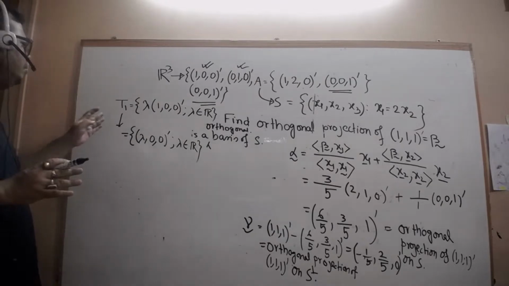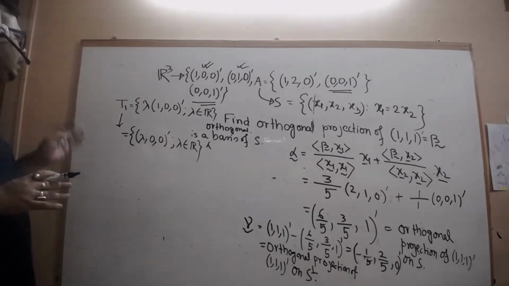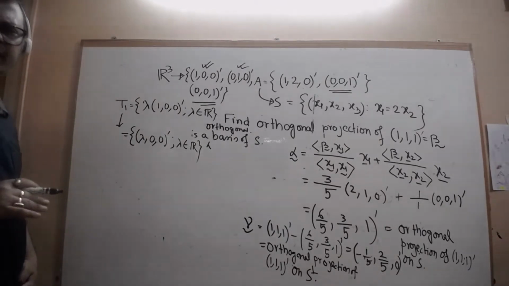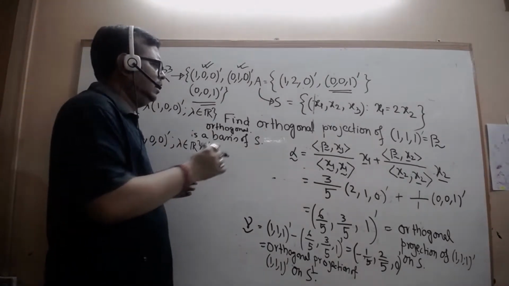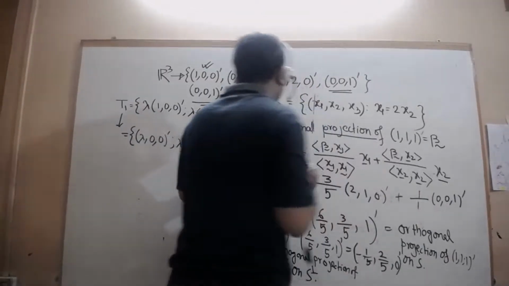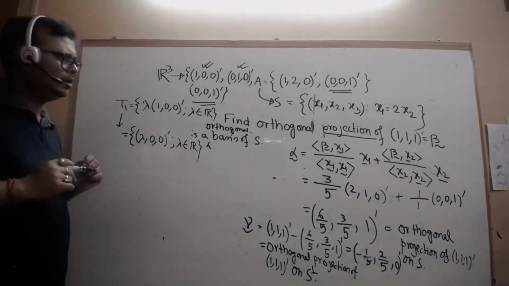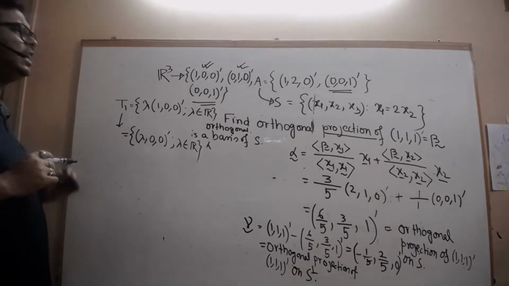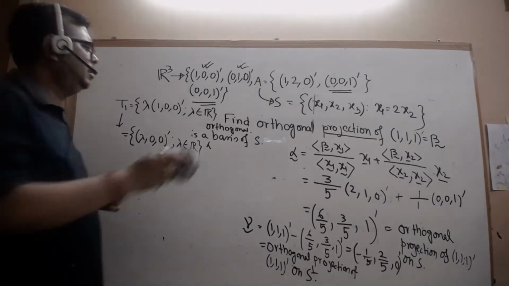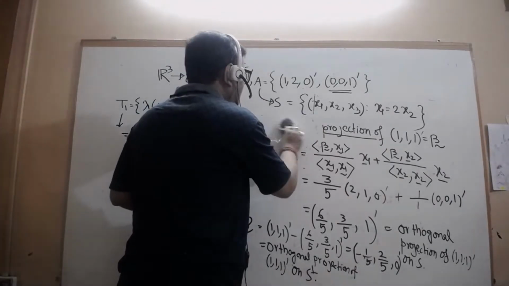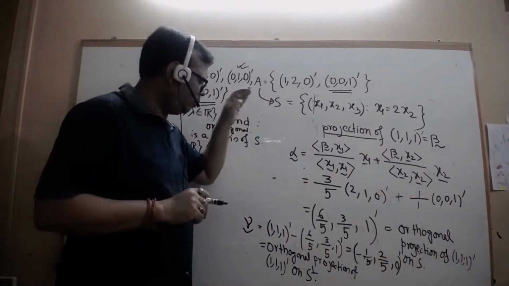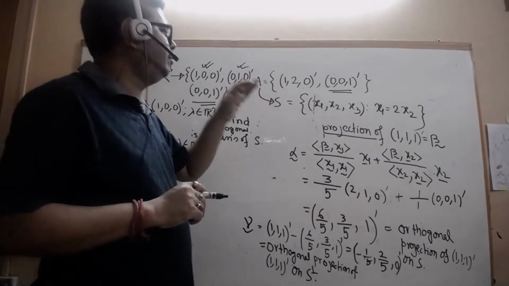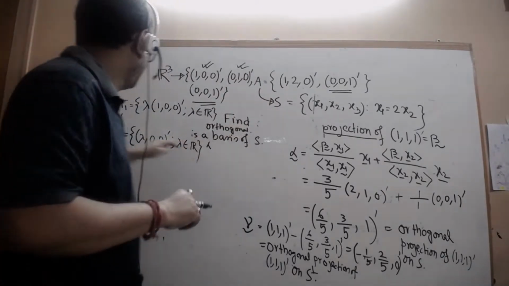That means S is a complementary space of T1 and T1 is a complementary space of S. Now I want to find just projection instead of orthogonal projection. The problem is to find the projection of 1, 1, 1, beta term, into S along T1.